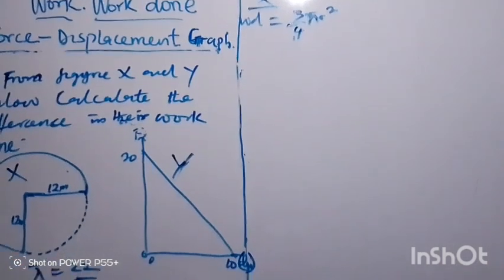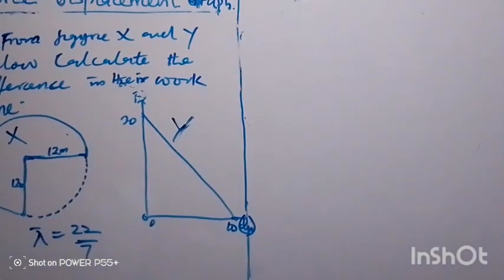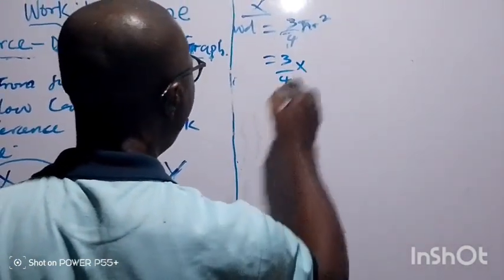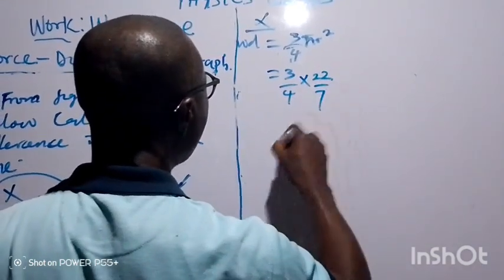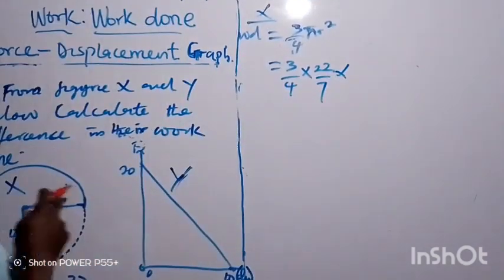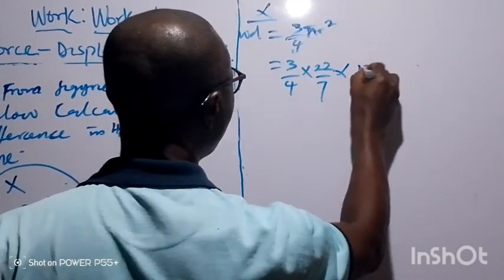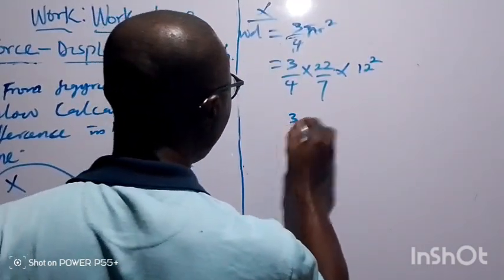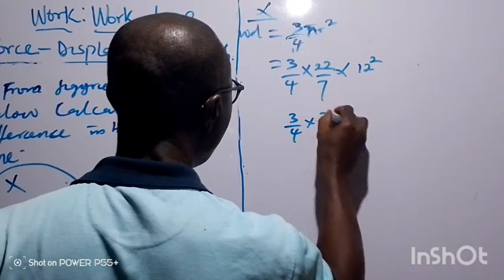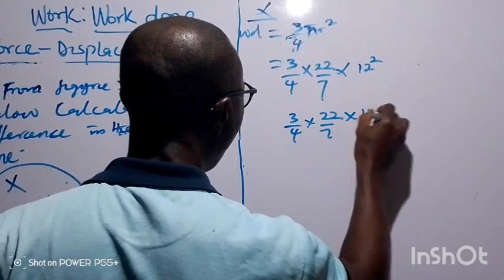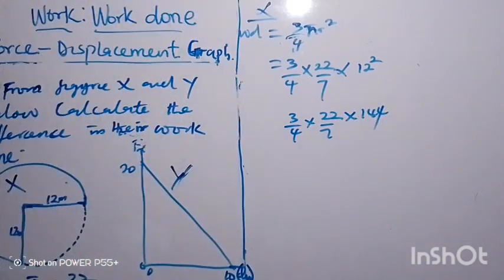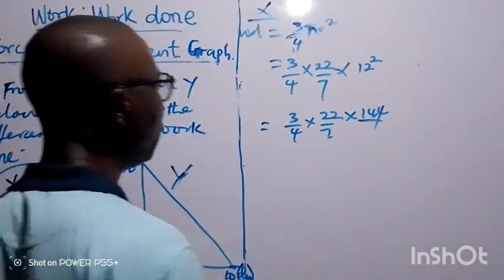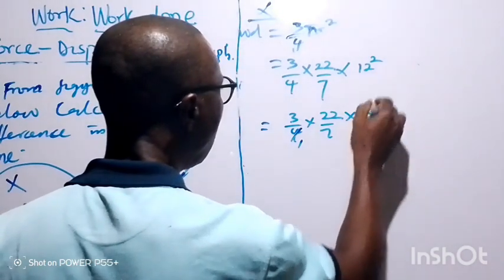So the work done in this one will be equal to 3/4 multiplied by 22/7, and we have there 12, that's 12 squared. So this will give us 3/4 multiplied by 22/7 multiplied by 144. Now, 4 can go into 144: 4 here 1, 4 here 3, 6.